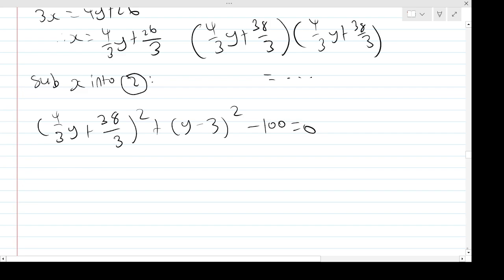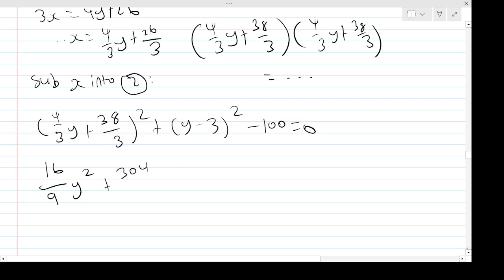But if you do that, well, you're going to get 4/3 y times 4/3 y, so that'd be 16 over 9 y squared. Then you're going to get 4/3 y times 38 over 3, and that would be 152 over 9 y, but there'd be another lot of that, double that, so that would be 304.